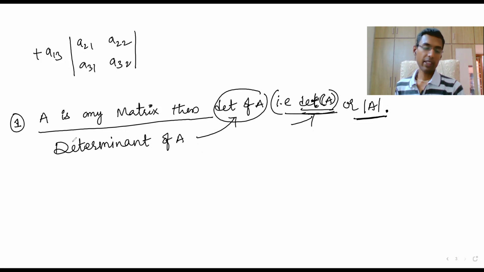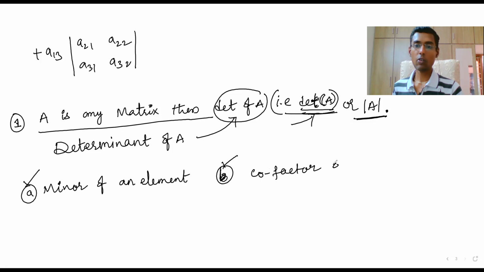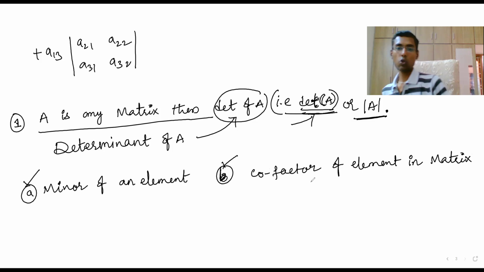And how do we define this det A? For that, first we should know the minor of an element. Then second, you should know the cofactor. First you should know the definition of minor and cofactor of an element in a matrix.